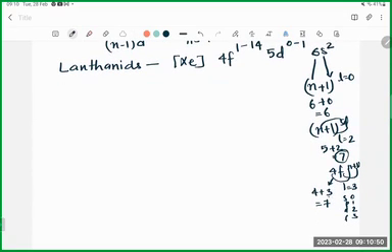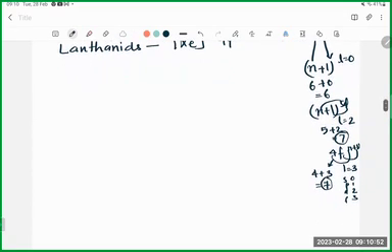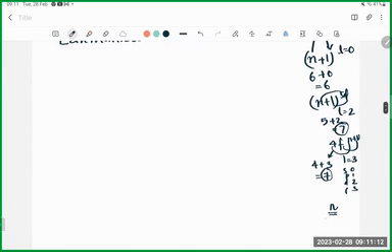Here we have both with 7, so what else can we use for differentiation? Since both have the same n plus l value, we go by the n value, just the n value. So what is the least n value between 4f and 5d?